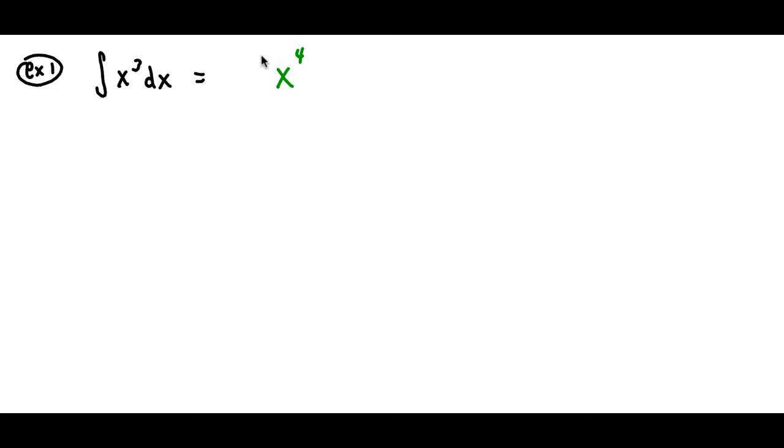But since I'm going backwards, instead of taking the power to the front, I want to undo that operation. So just like here, I undid subtracting 1 by adding 1, I'm going to undo multiplying by 4 by dividing by 4. So these are going to be our inverse operations. And then tag on your plus c for any constant that might have disappeared. And so I have my antiderivative: the integral of x cubed dx is x to the 4th over 4 plus c.